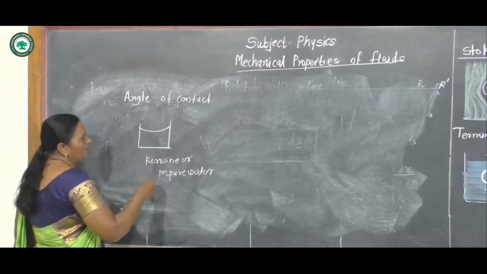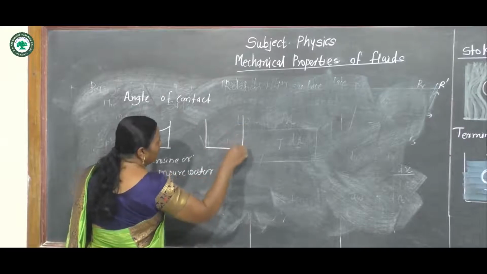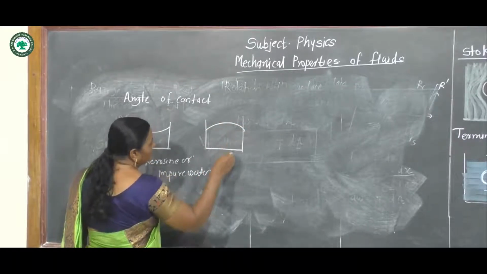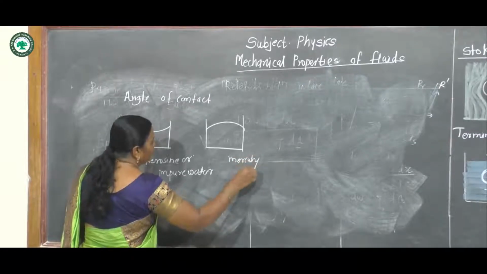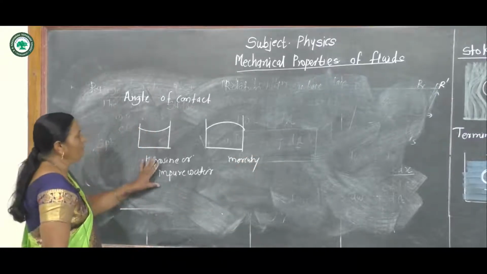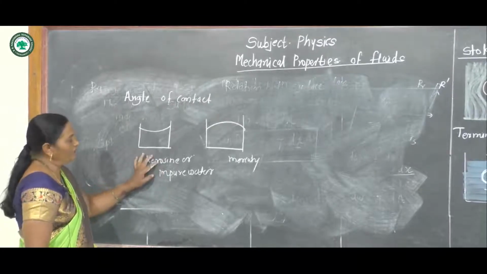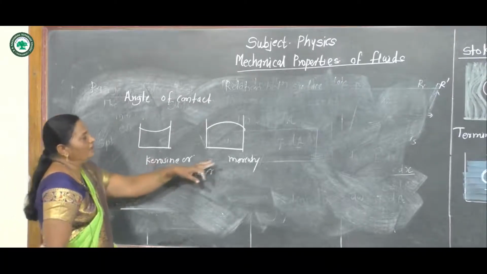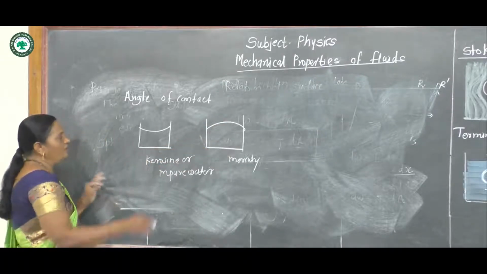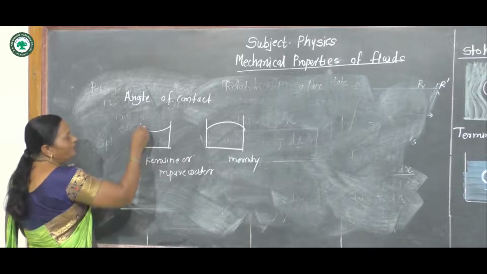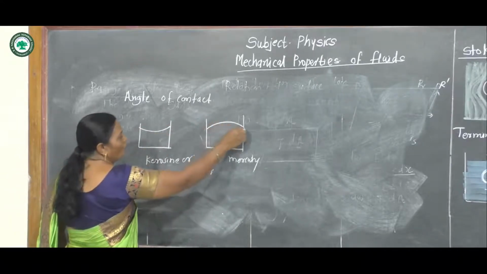Why? It is explained later. Now, there is another liquid, for example, mercury. Here we consider two examples of fluid: kerosene or impure water, and mercury. In the case of kerosene, the free surface of the liquid is concave. In the case of mercury, it is convex.